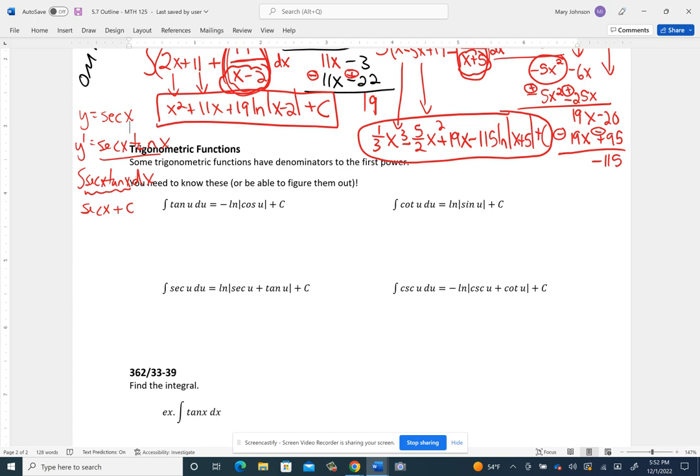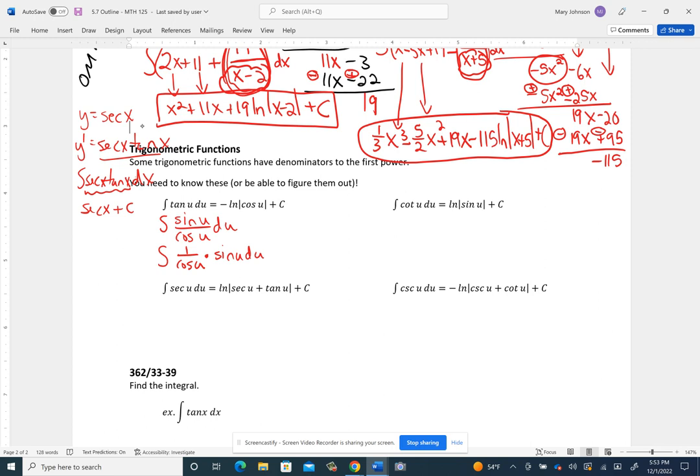So for instance, with tangent, see, tangent is defined to be sine over cosine. Right? And so I can think of that as 1 over cosine u times sine u du.